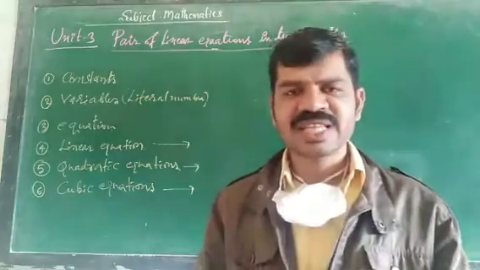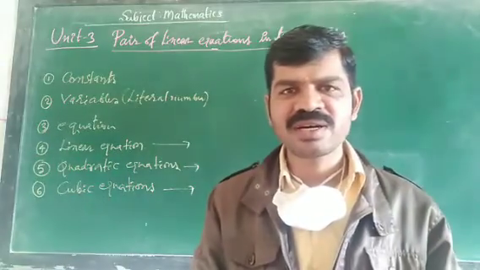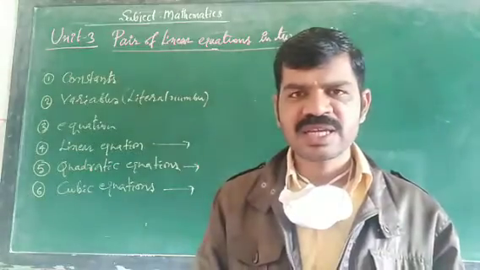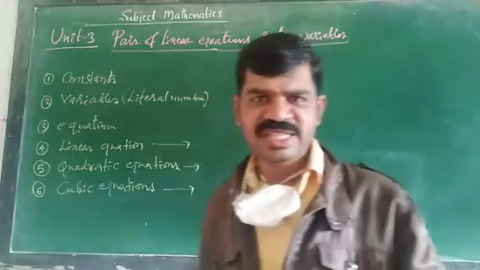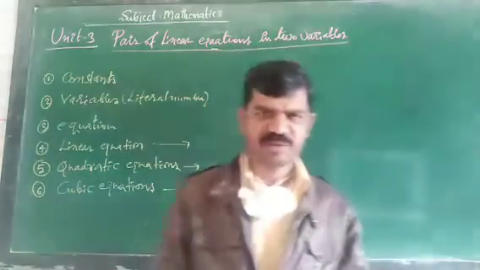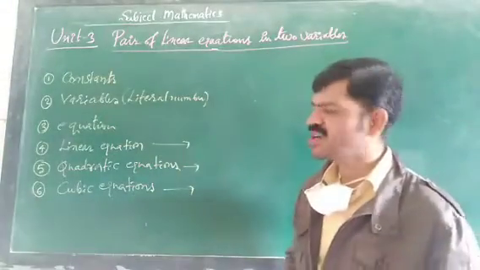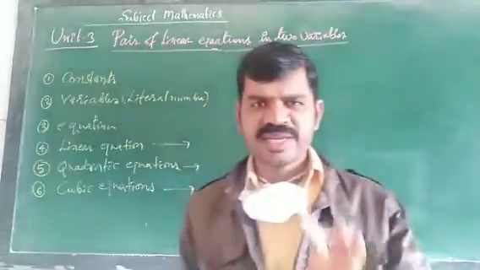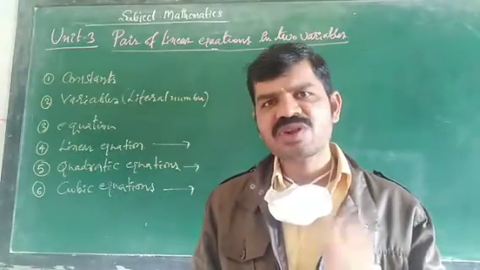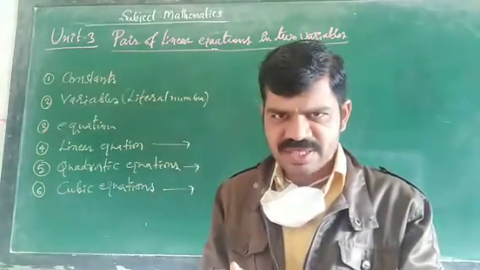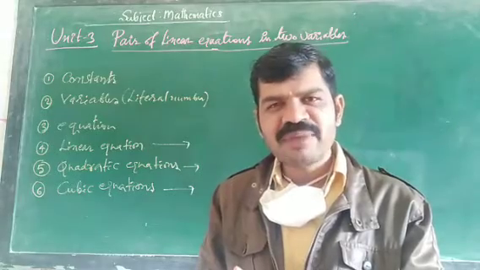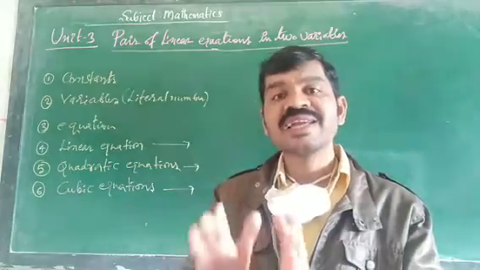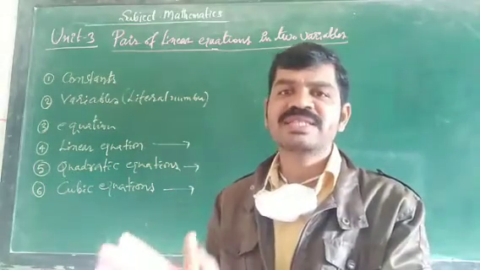So, let us see this. I have written some basics of this pair of linear equations in two variables. Regarding algebra, we need to understand this. Let us understand one by one. In algebra, we start with constants and variables. Algebra is a branch of mathematics which deals with numbers and English alphabets.